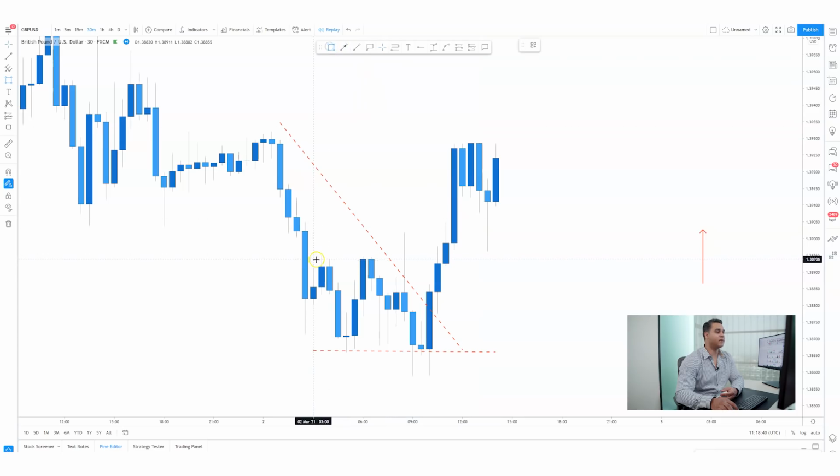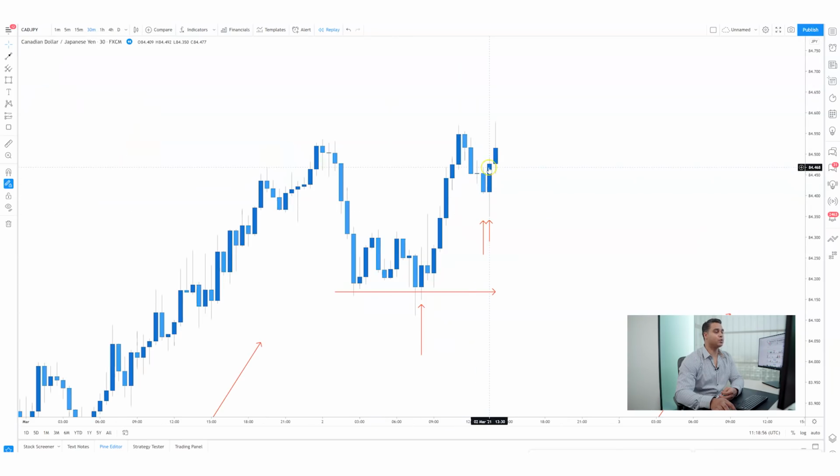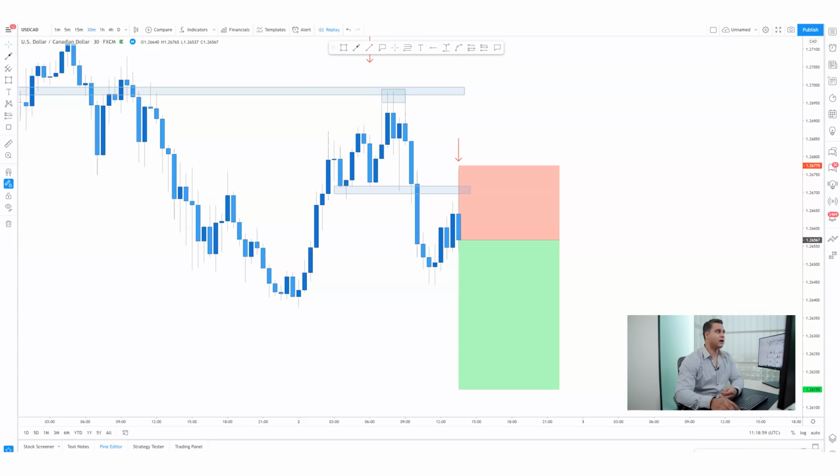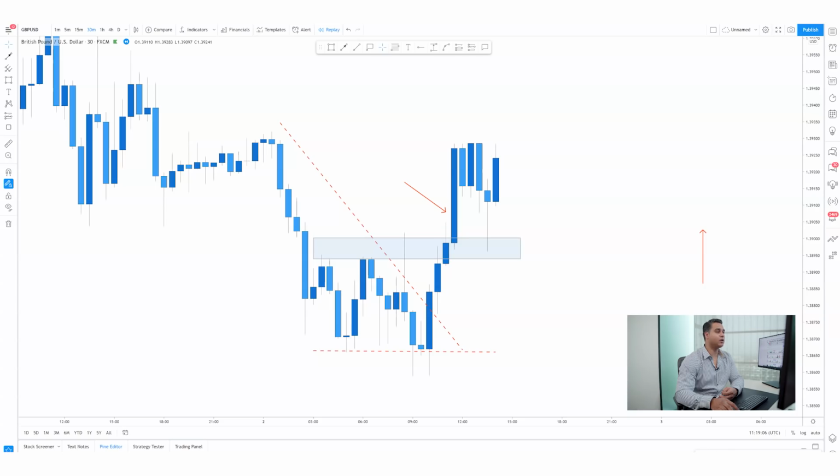And now we start to identify here price breaking above structure. This is now starting to indicate to us dollar weakness, meaning that if we're planning to sell USD CAD, with the evidence we gathered from CADJPY, which was bullish strength, evidence that we're gathering from USD CAD, which is CAD strength, dollar weakness, and now we take a look at pound USD, we can validate the USD weakness by identifying strong bullish sentiment here with the pound and the weakness with the dollar.